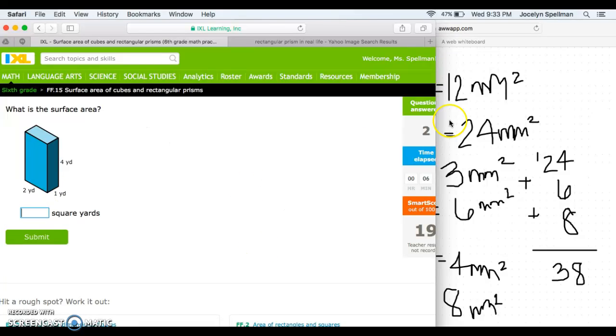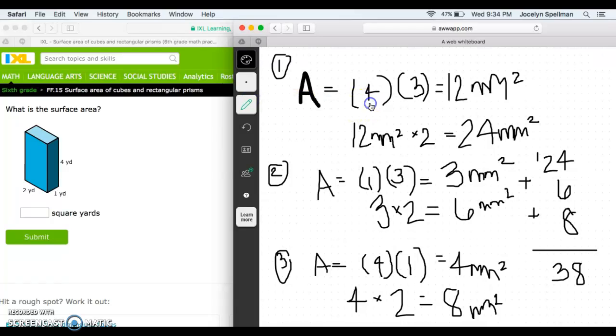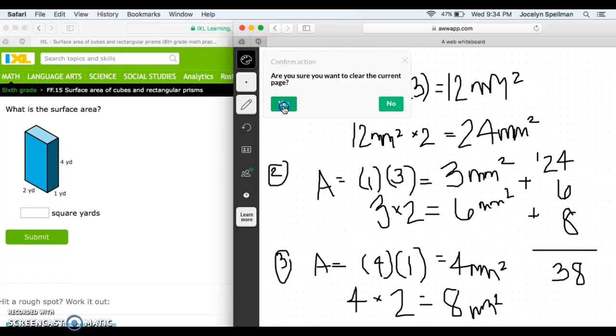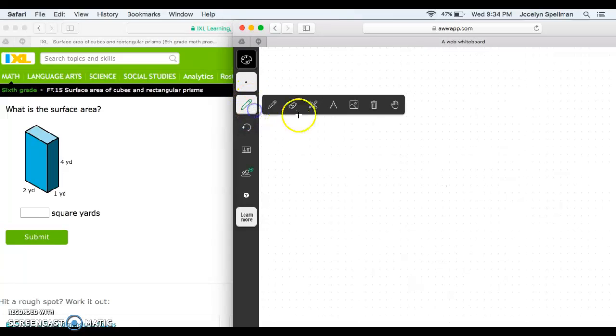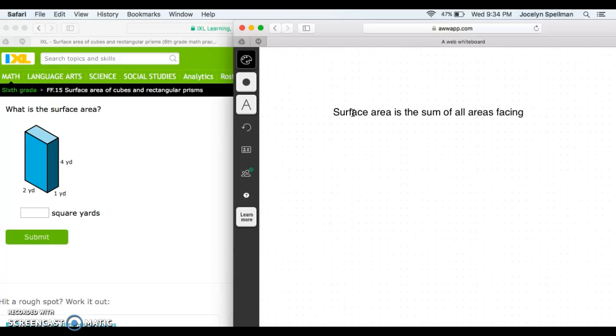Maybe for your notes for your page, why don't you write down: surface area is the sum of all areas facing outwards on a rectangular prism.